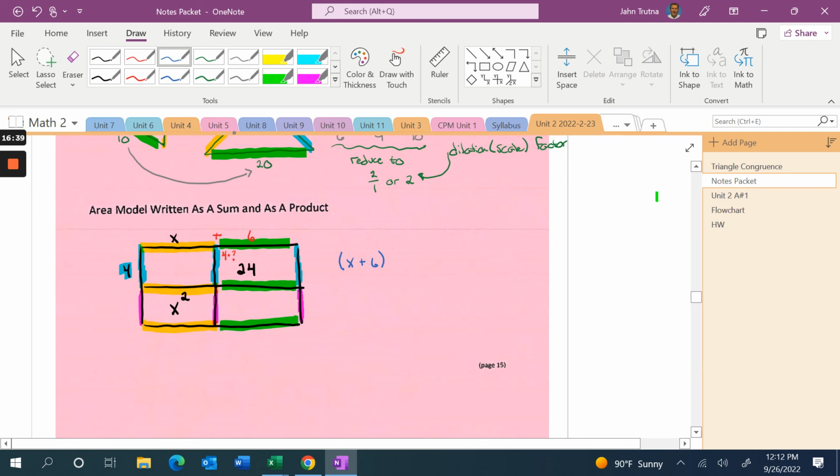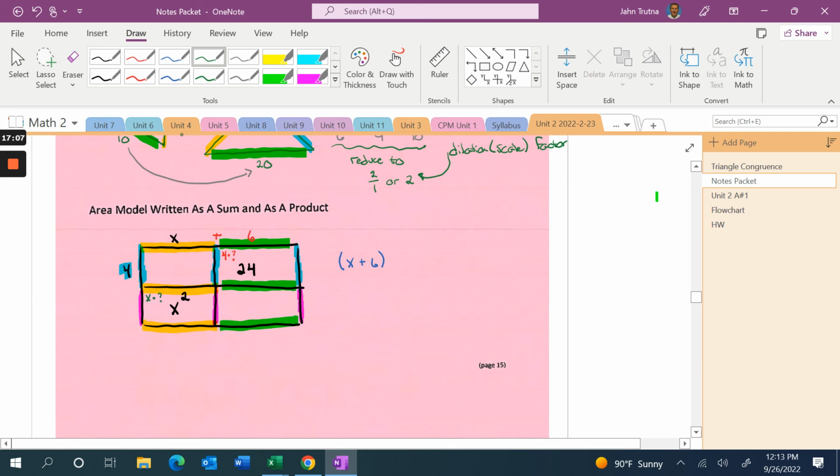Okay, so then I'm going to use kind of the same idea to find the purple part of the rectangle here, and notice the inside of this bottom left rectangle is x squared. And since the yellow part is already represented with an x, we want to go x times something.